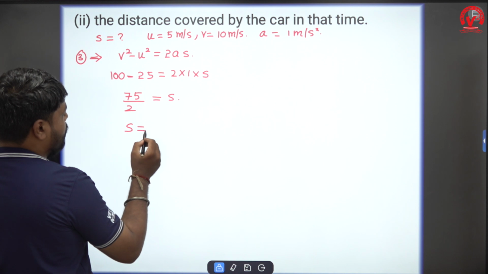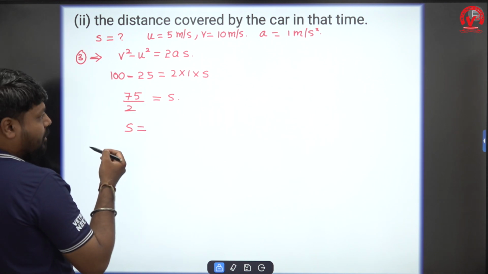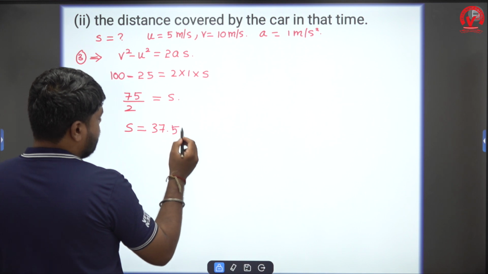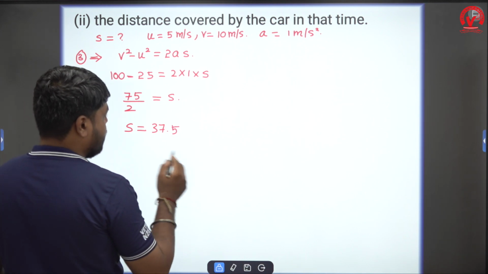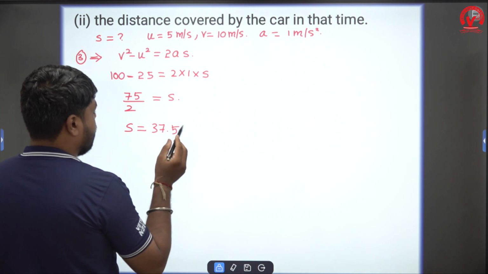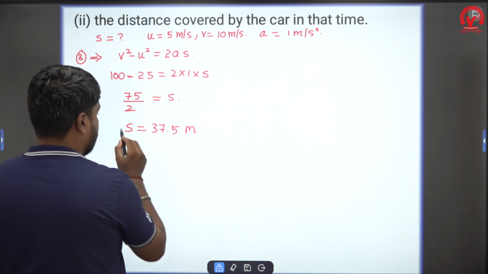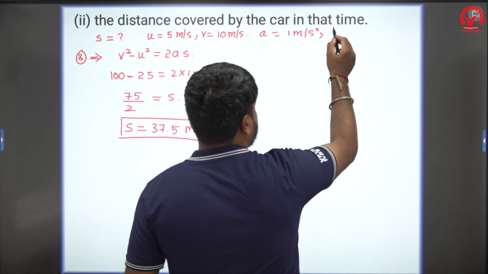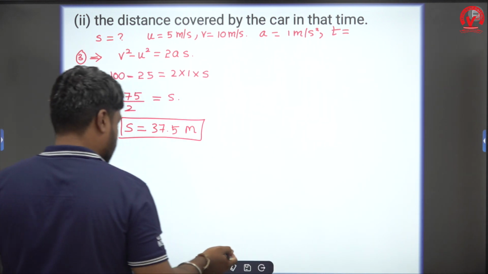So s is equal to how much? What is half of 75? Half of 75 is 37.5. Yes, 37.5 meter.